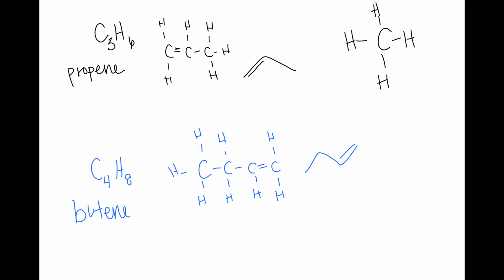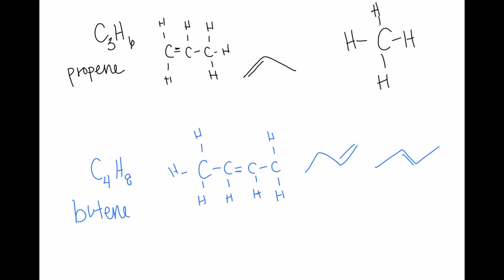for the line structure. Now I can move where that double bond is, and when I draw the isomers, which it says it has 3 possible isomers, I'm going to only draw the line structures. So I can move that double bond to be in the middle. And if we are looking at our Lewis one, I can move it there, but that does affect where my hydrogens are. 1, 2, 3, 4, 1, 2, 3, 4.